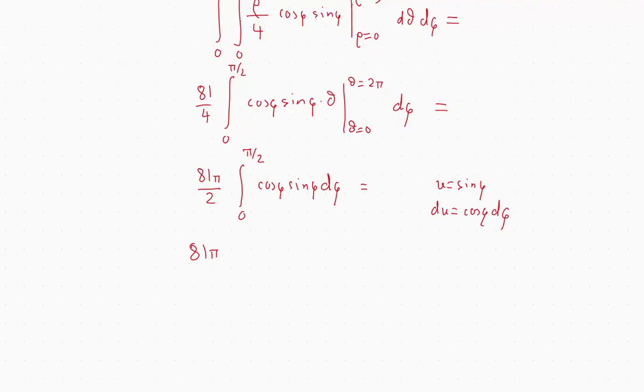We take 0 and plug it into sine phi, and that gives us 0 because sine of 0 is 0. We take pi over 2 and plug it into sine phi, that gives us 1 because sine of pi over 2 is 1. This becomes u du, which gives us 81 pi over 2 times u squared over 2 from 0 to 1. That's another 1/2. It makes the whole thing 81 pi over 4.